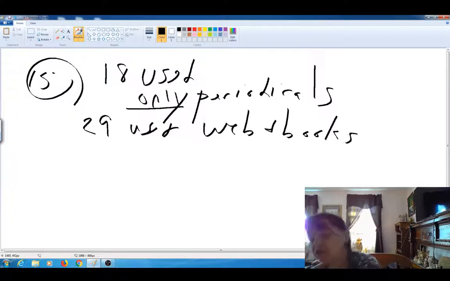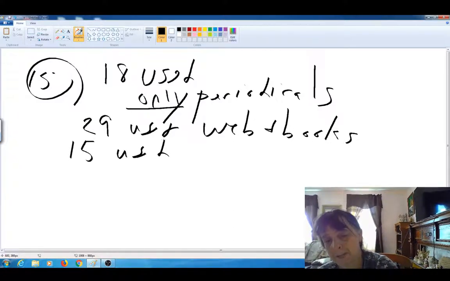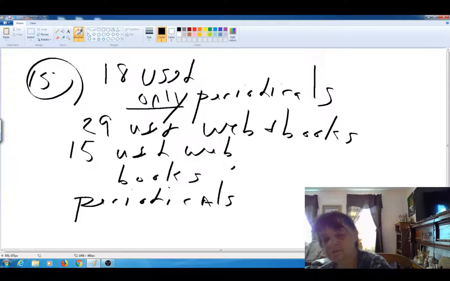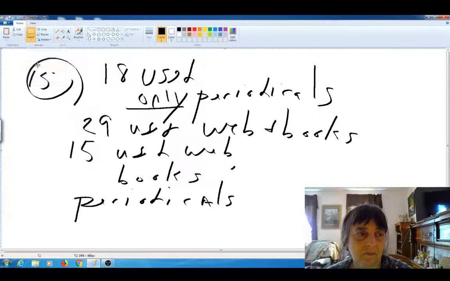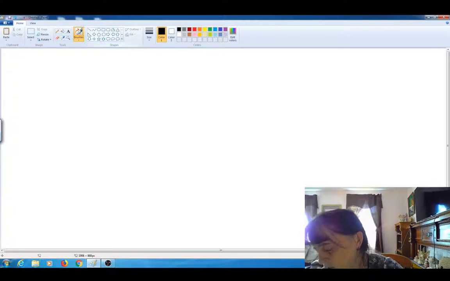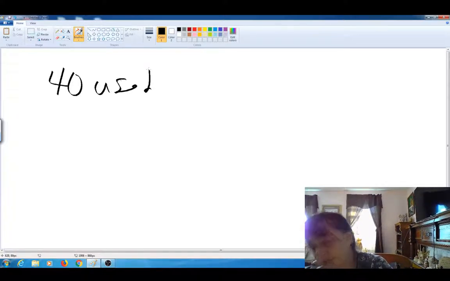You have 100 students altogether. 15 use the web, books and periodicals. 40 used books and periodicals.